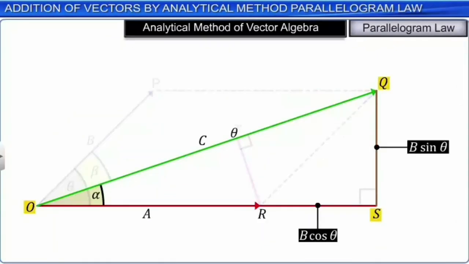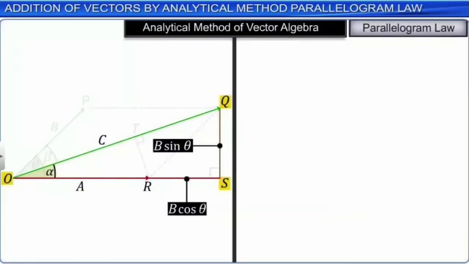We can find the direction of the resultant by using another expression. For that, let's consider the triangle OQS. In that triangle, the side QS, as we know, is B sin theta, and the portion RS is B cos theta.